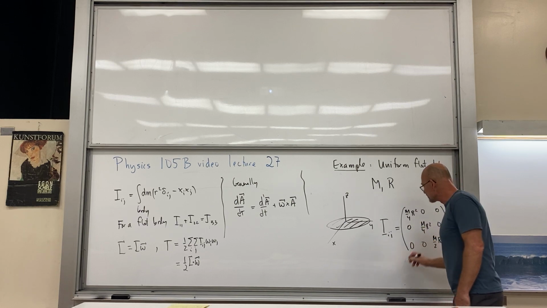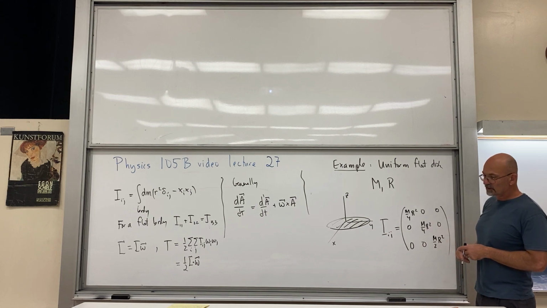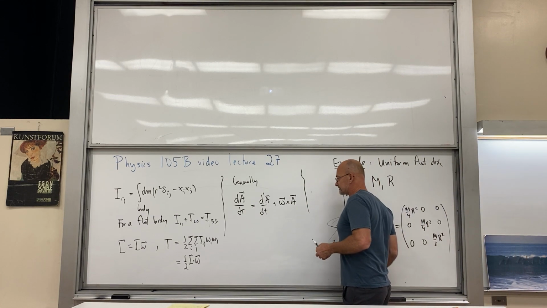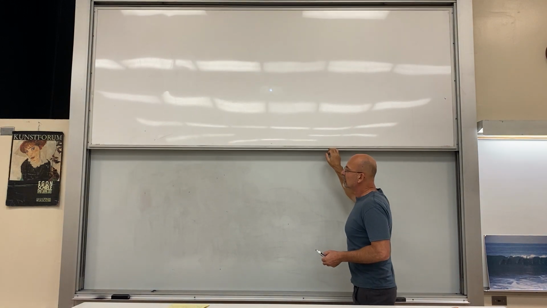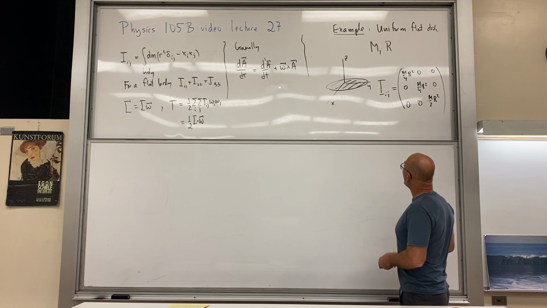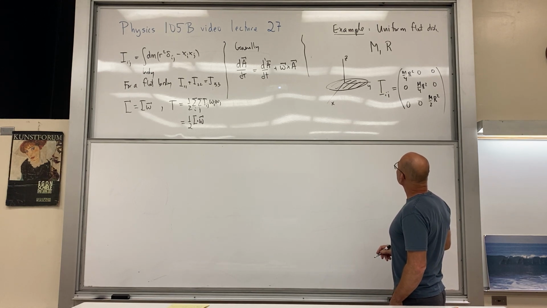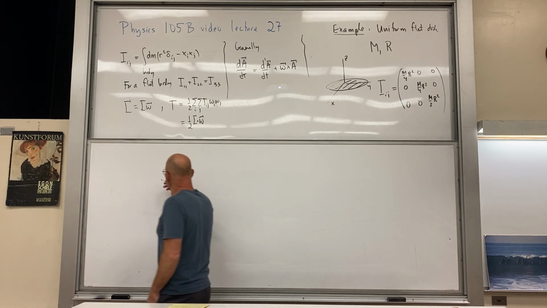So there's our inertial tensor for this uniform flat disk, mass m, radius r. So far so good.